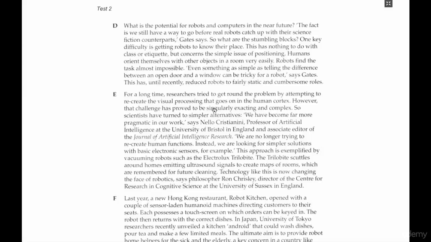Right? So our first sentence talks about the potential for robots in the future. It says we still have a long way to go before real robots catch up. And then the last sentence tells us that robots are fairly static and cumbersome. It tells us they have a long way to go, and our last sentence tells us that they're fairly static.